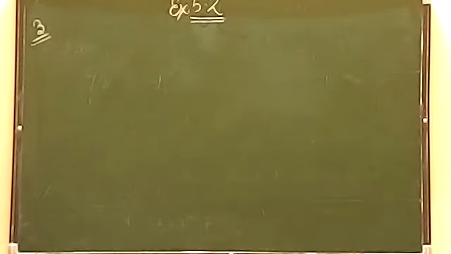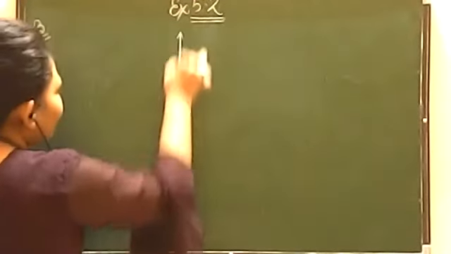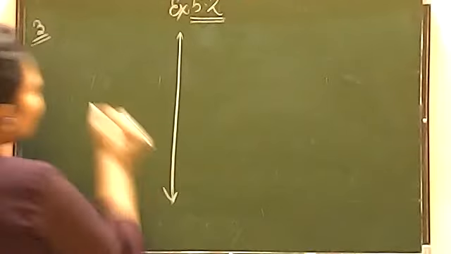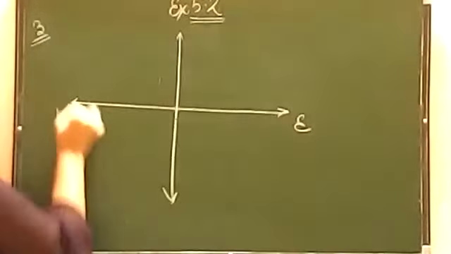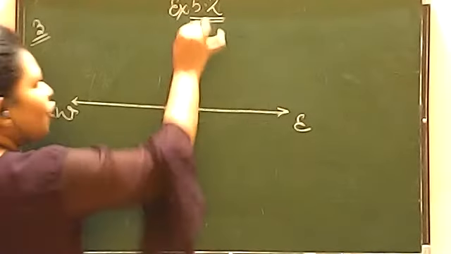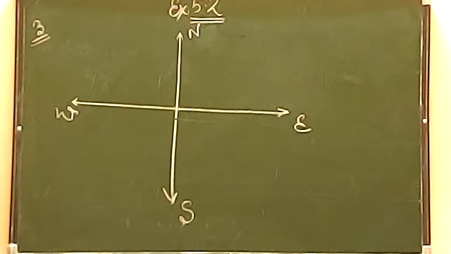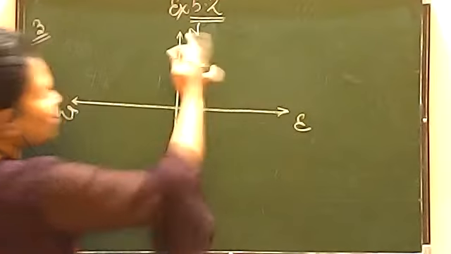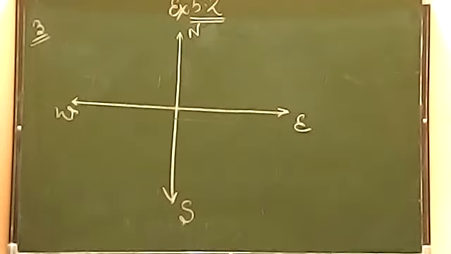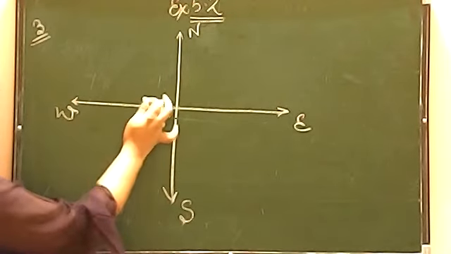First of all, let me explain how we will do direction. You know we have majorly 4 directions: east, west, north and south. Keep in your mind that north and east have a 90-degree angle between them. North and west have a 90-degree angle between them.